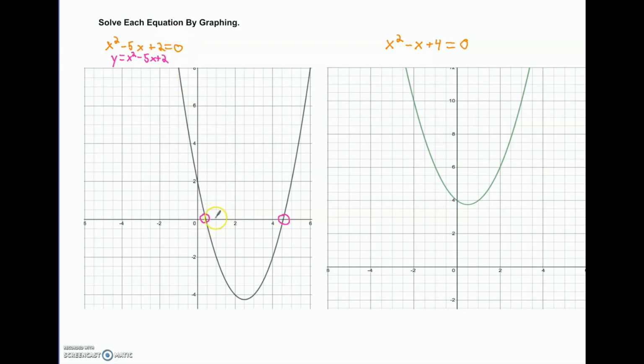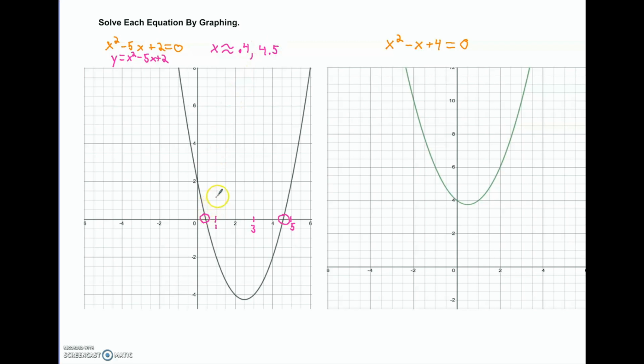I don't exactly know what that value is, but keep in mind these blocks go up by 1 every 2 that we go by. So each block is worth a half. So be very careful here. This value is just shy of 0.5, so we'll say that x is approximately 0.4. And the other value, well, this is 5 right here, so it's approximately 4.5. But those aren't the exact values.